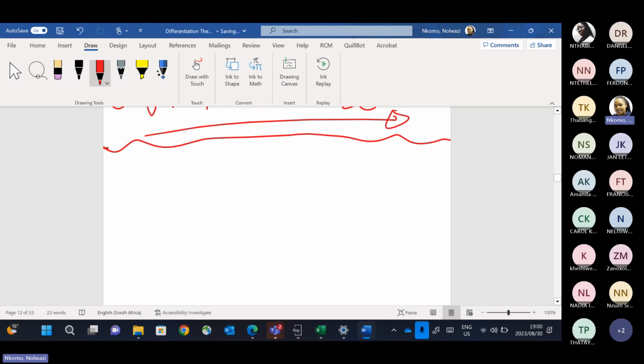Suppose we are given a function f at x equals minus x cubed plus 9x squared minus 24x plus 26.